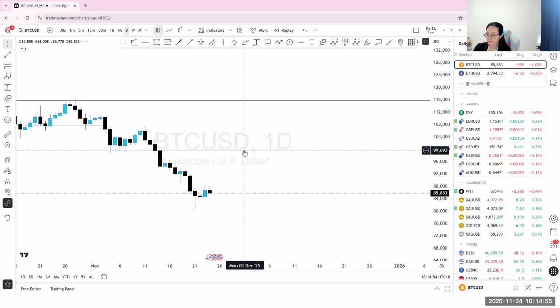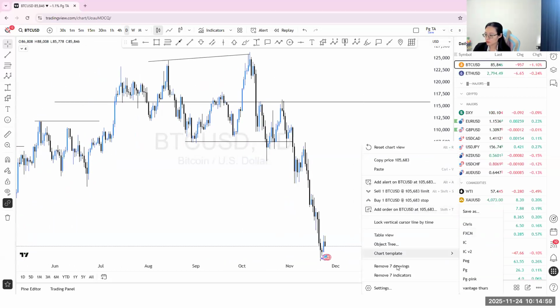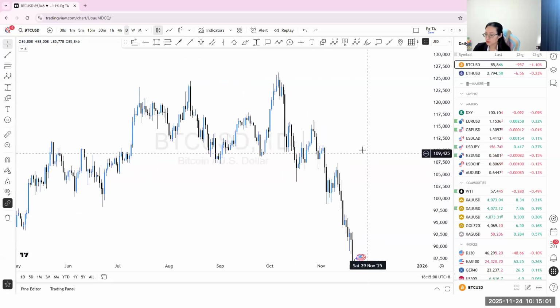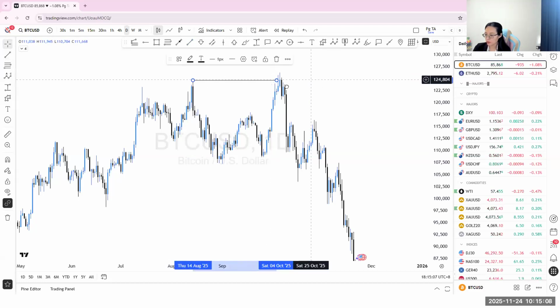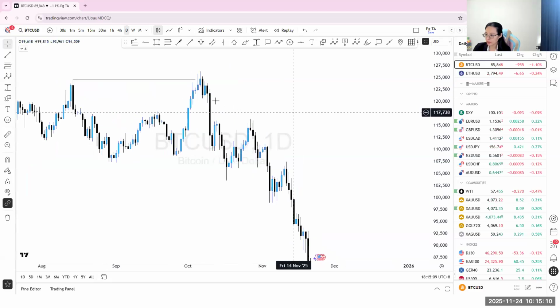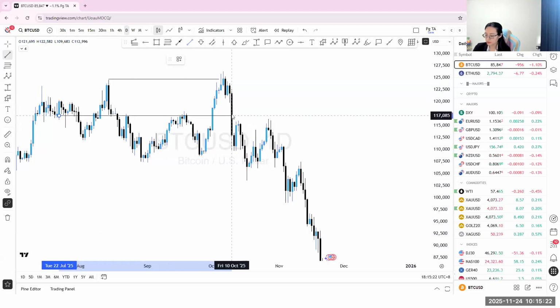Now we go to the D1 time frame. This is the POS and clear direction here from the weekly. You can see that the close is really strong, broken this level.